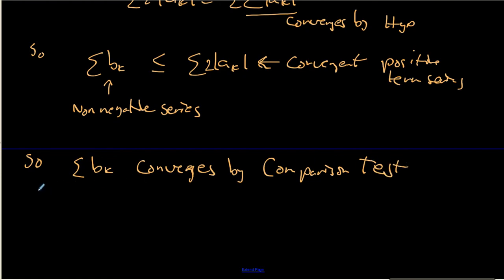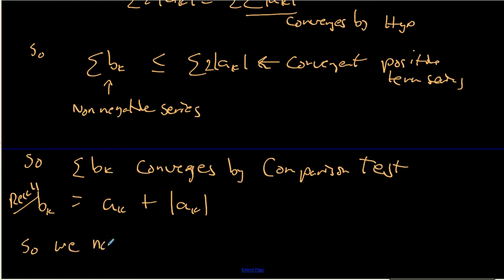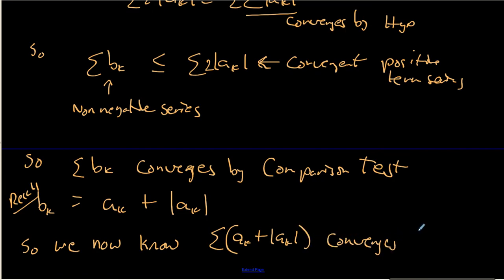Now remember that BK itself is equal to AK plus the absolute value of AK. So let's do a recall there. So what that means is that we now know that the series of AK plus absolute value of AK converges by the comparison test.